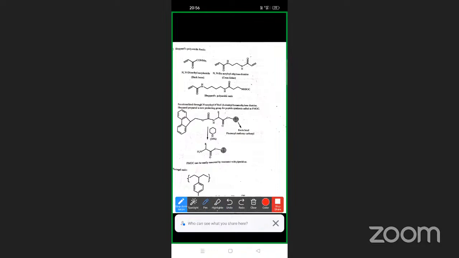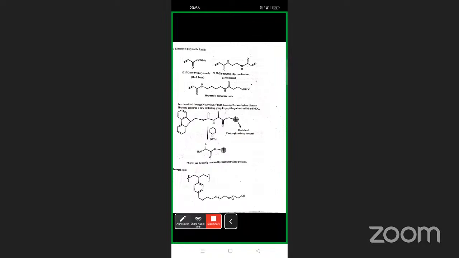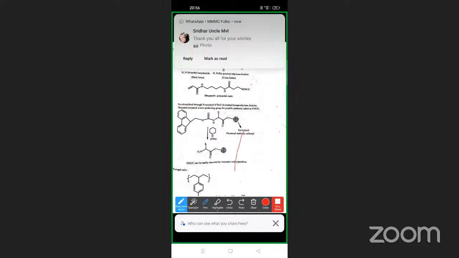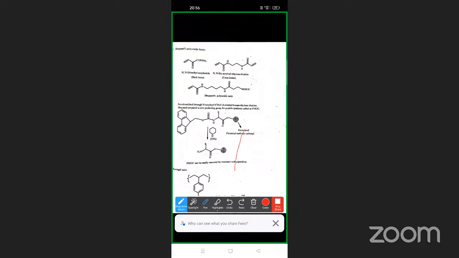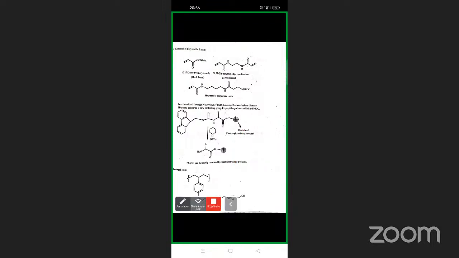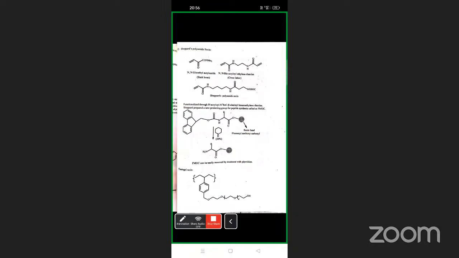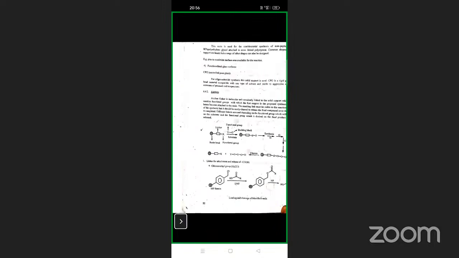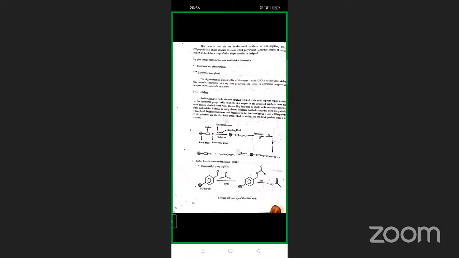You can see this ether linkage, the polymeric ether linkages. So these are the different types of solid supports, the resin beads here.